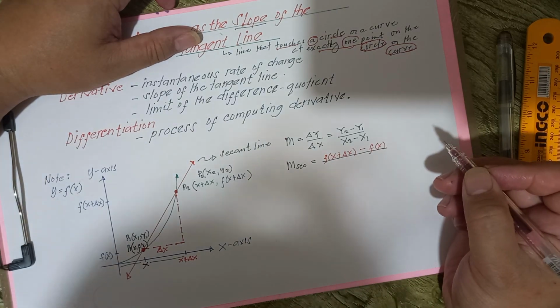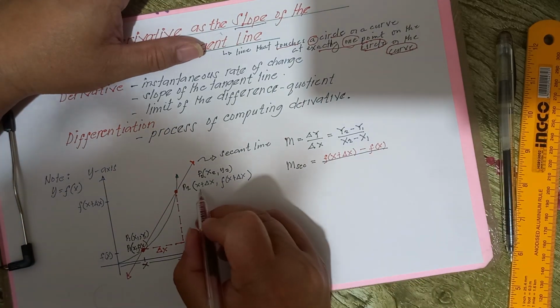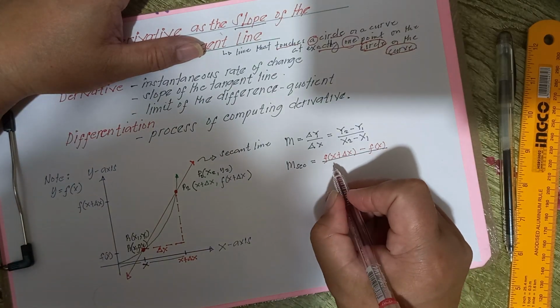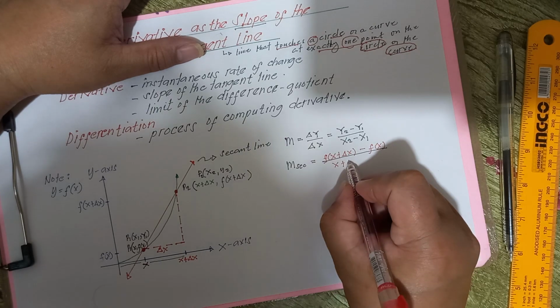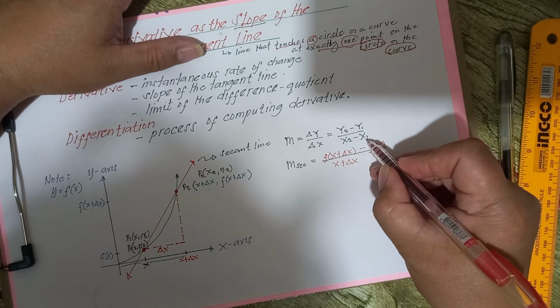Now, what about the x sub 2? Our x sub 2 is actually x plus change of x. Now what about the x sub 1?